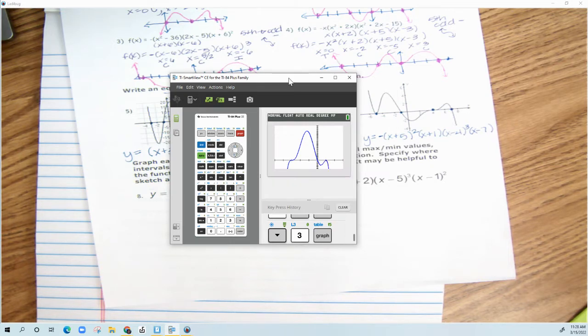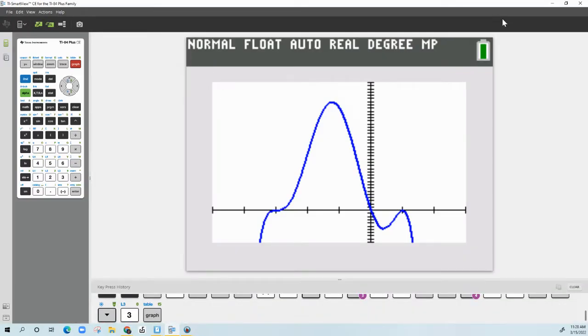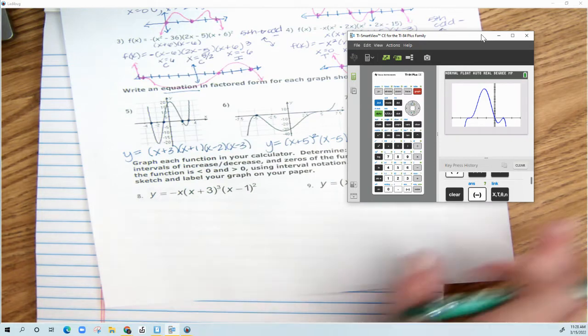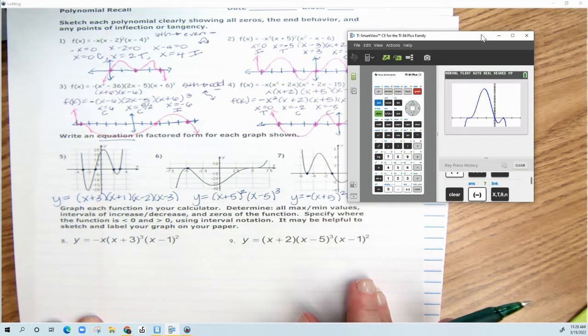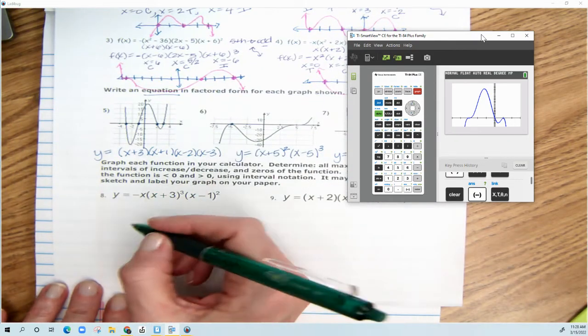Okay, so remember the questions that I'm answering. It says determine all max and min values, intervals of increase and decrease, and zeros of the function. Specify where the function is less than 0 and greater than 0, and use interval notation. So I'm going to do a quick sketch of my graph.